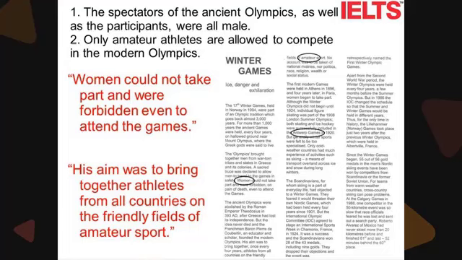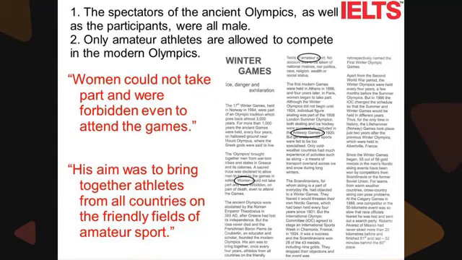And the reason for this is because it doesn't say which athletes can take part. It doesn't say whether it's amateur athletes or professional athletes. It tells us which type of sports.